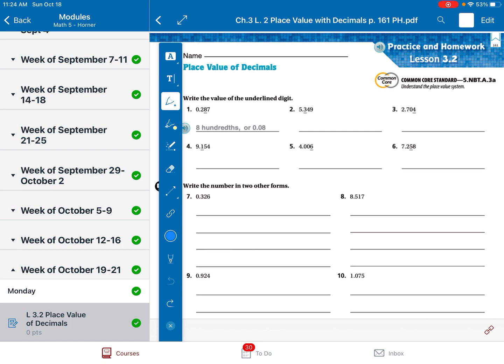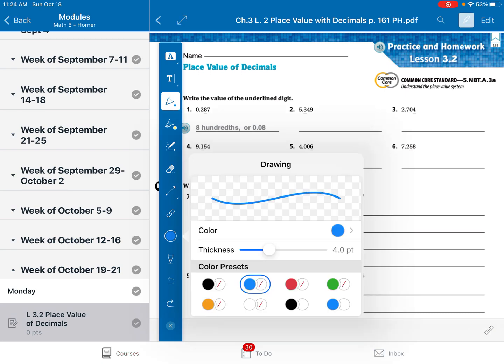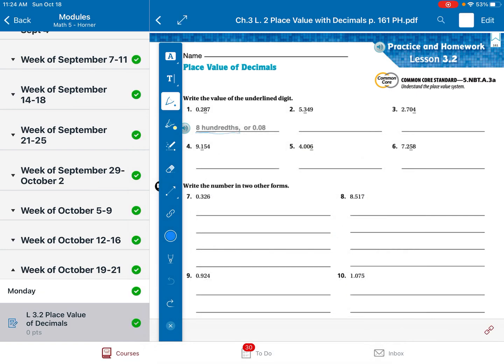So 8 is in the hundredths place, so it would be 8 hundredths. That would be our answer right here. And they put or 0 and 8 hundredths with just the 8 in there.